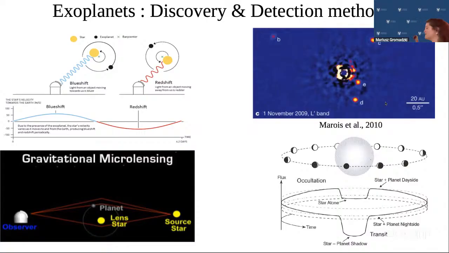Then we have the transit, which is the method that has given us the largest number of exoplanet detections. Of course, this technique is more efficient with planetary systems orbiting very bright stars, because this way we can really see the transit phenomenon.